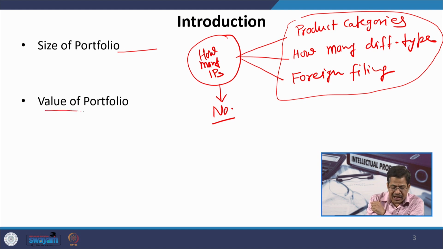The second is the value of the portfolio, and value can also be measured on two important aspects. Because IP, we know, is an intangible asset, how much value you are giving to your IP portfolio as an asset in your balance sheet. So, that is the book value.